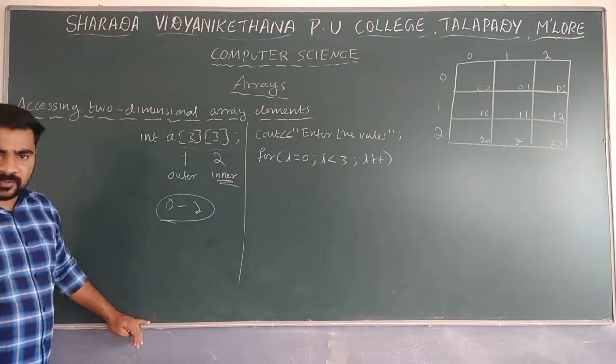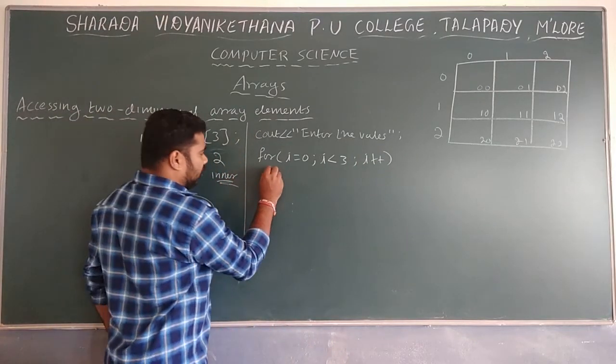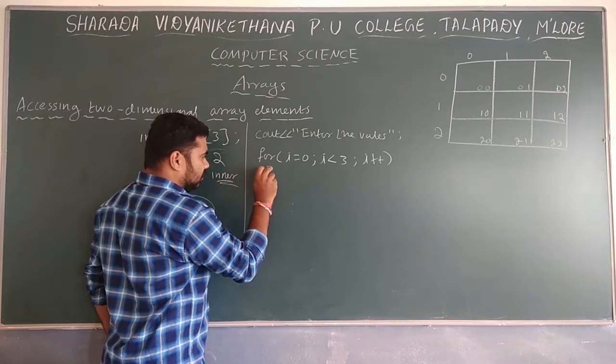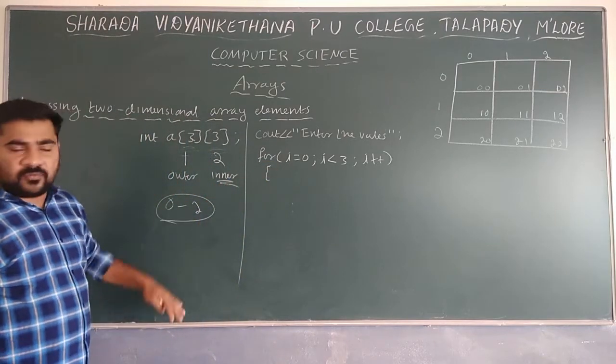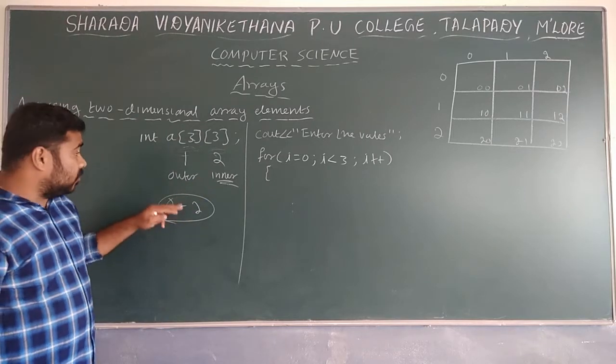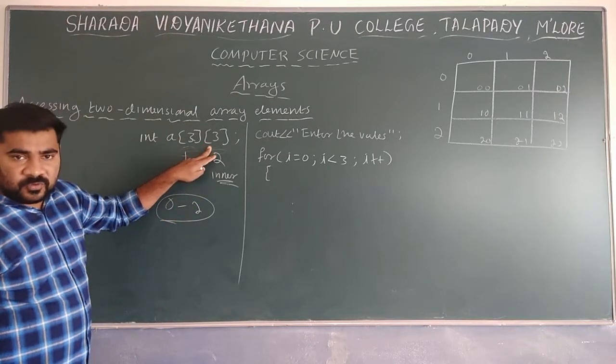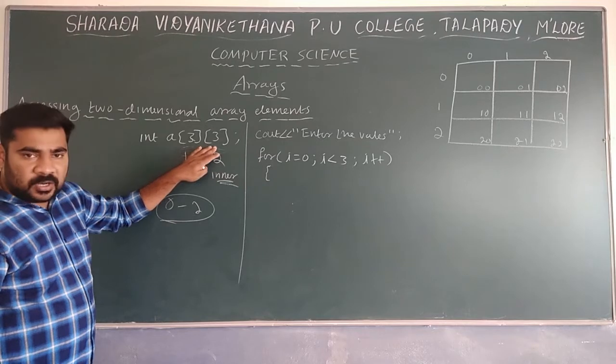In the second for loop I am using the flower bracket. Without the flower bracket it is also possible, right? For understanding, I will use one more flower bracket. Inside it, you have to use one more for loop to access the columns.